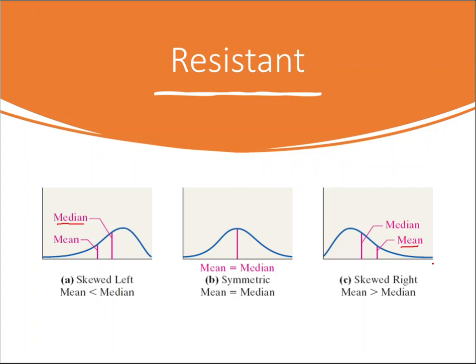All of that is to say that the median stays still, but the mean is able to move around, left or right of that median, depending on any values that you might have that are really big or really small. We would say that the mean is not resistant to outliers, or the mean is not resistant to very large or small values.